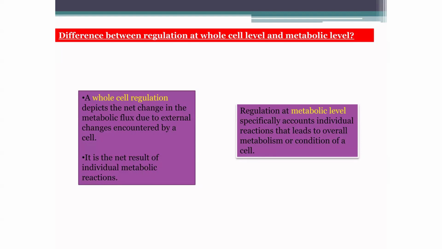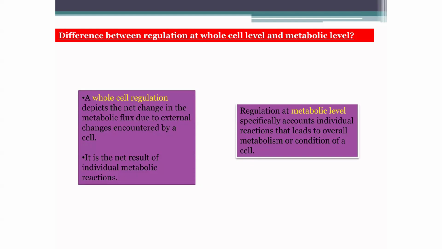And if there is any change that causes a problem of a particular metabolic reaction, then there's also a problem, because the whole cell will now sense that it needs to develop a strategy that will make it control the situation. So that is when we are talking about the whole cell regulation.